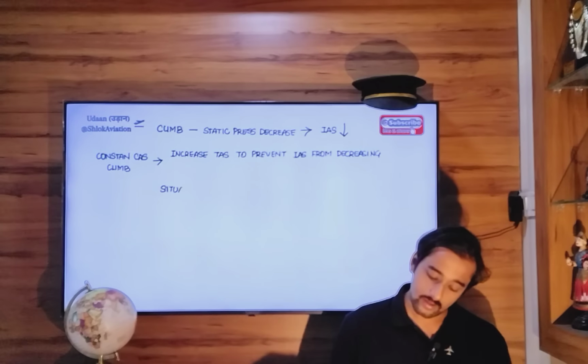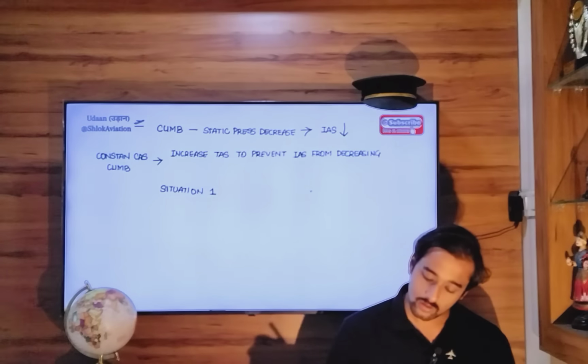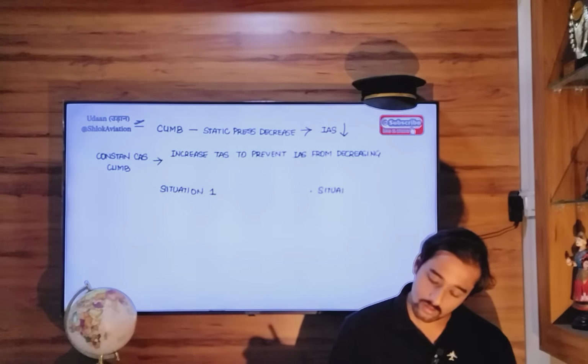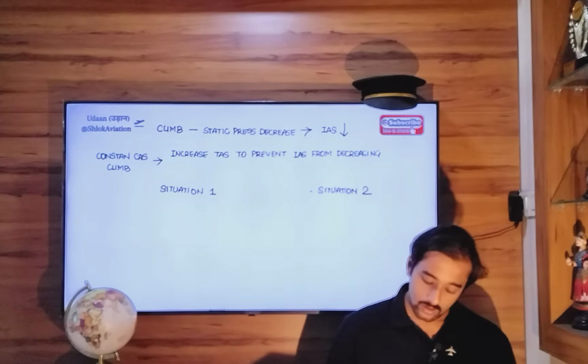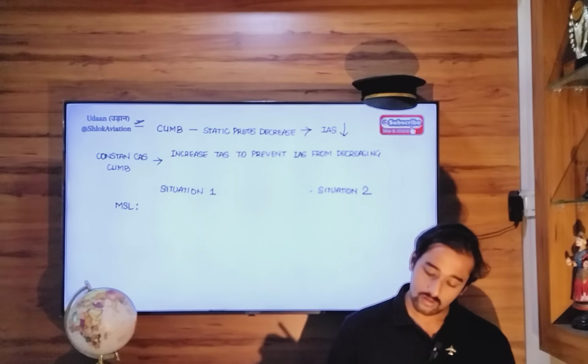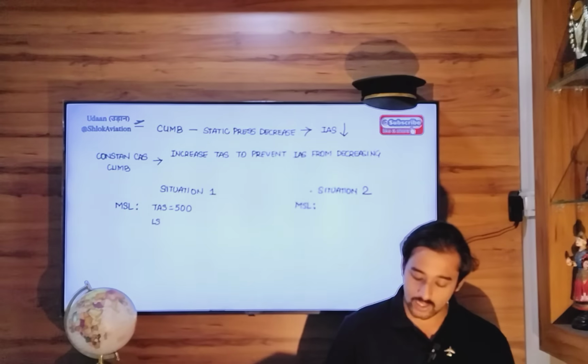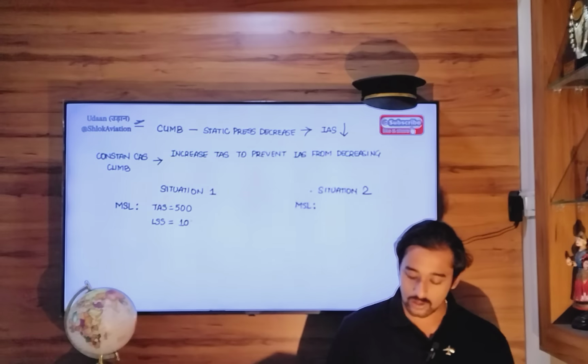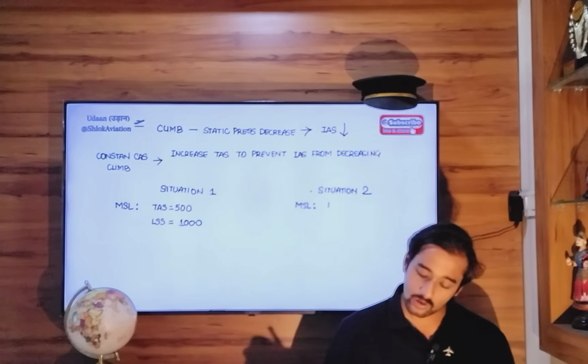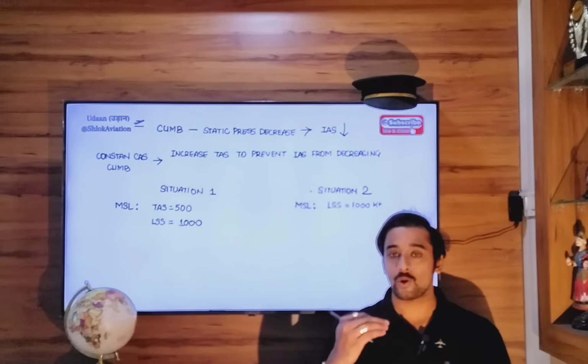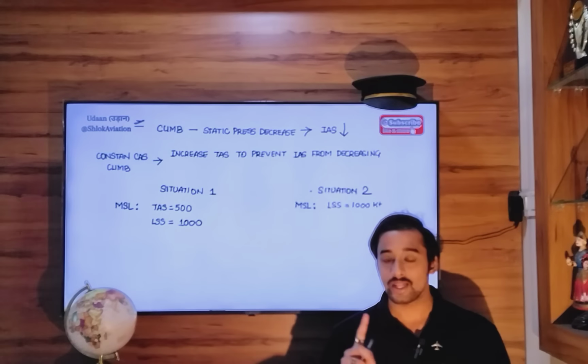Situation 1: flying at mean sea level, the true airspeed is 500 knots and the local speed of sound is 1000 knots. Situation 2: the local speed of sound is still taken as 1000 knots, but since you want to climb at constant calibrated airspeed, you should increase your true airspeed.